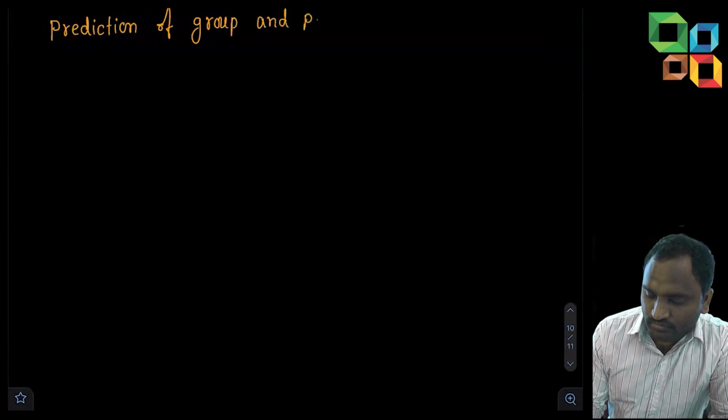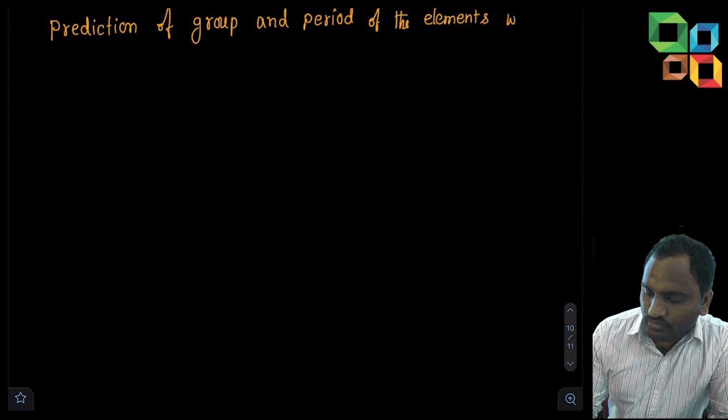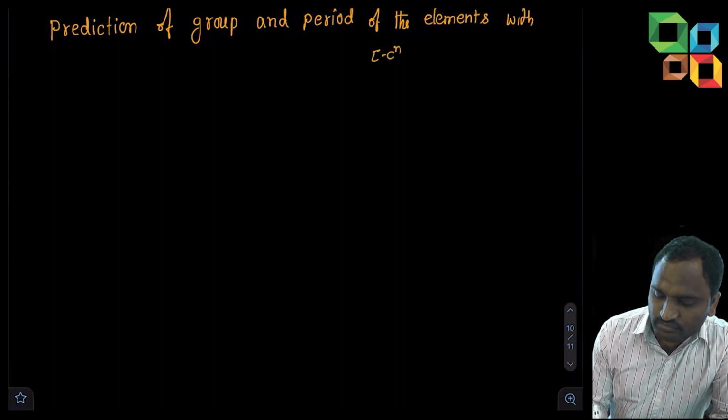Next, by knowing the electronic configuration, how to find out the group number and period number, that is, prediction of group and period with the electronic configuration.